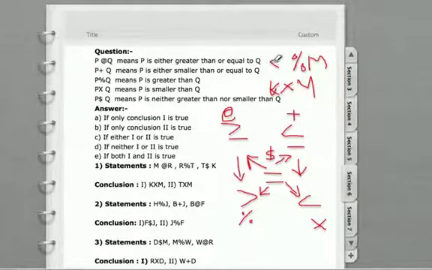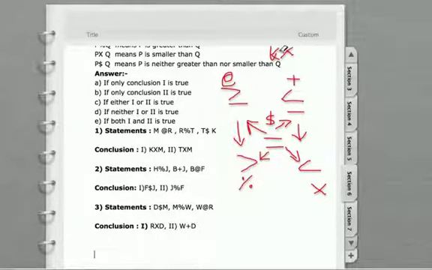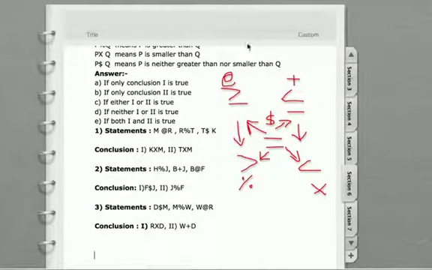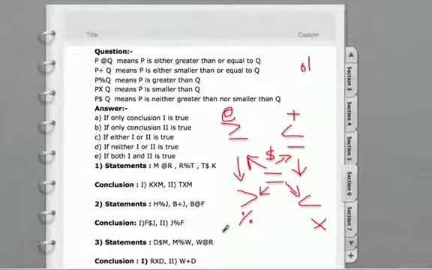Now T to M, we have to move from T to M. We check whether the relation between T and M is multiply, which means smaller than equal to.